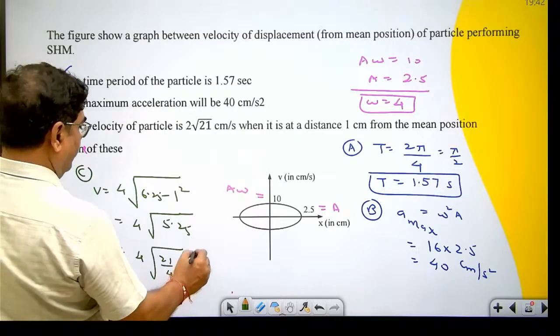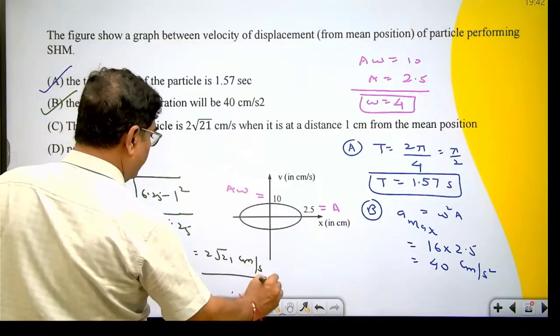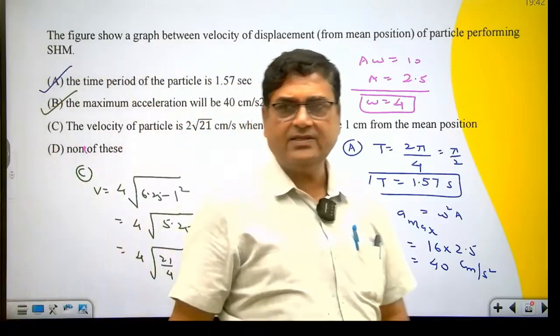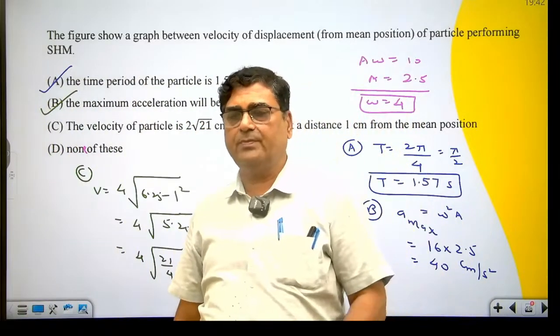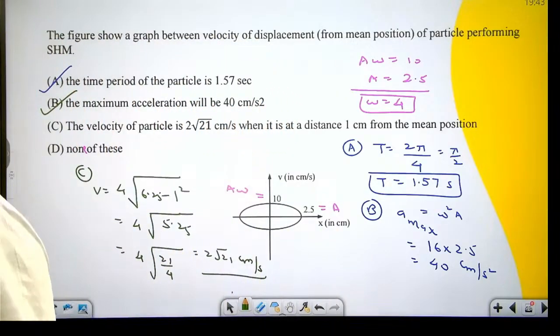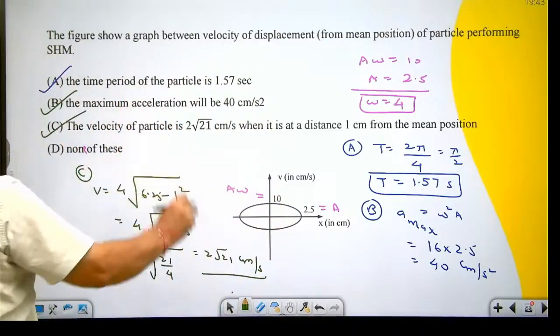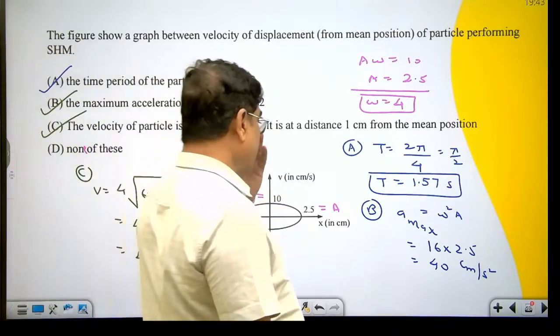So 2 root 21. We have not done a big miracle. We have simply adjusted the figure. Okay, dear student, this you also do. So option C is also correct. In this question, all the 3 options are correct.